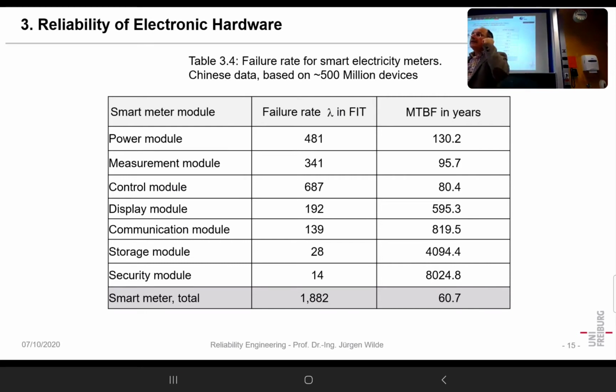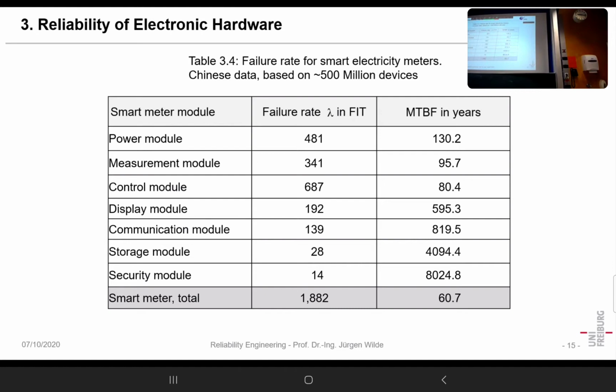One fit is 10 to the power of -9 per sample hour. When you take the inverse of the fit, so the fit is something like 1 divided by hours, you get hours.